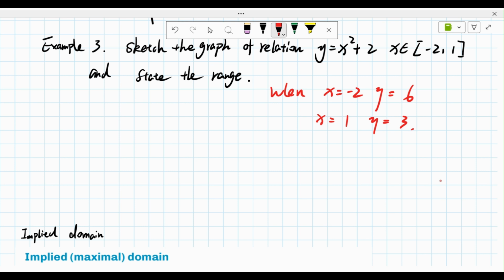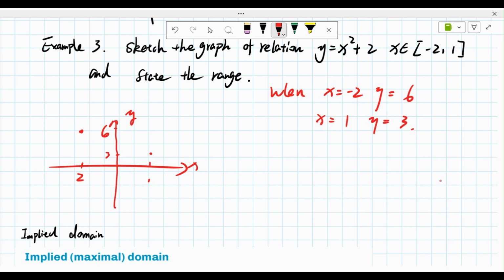You have to draw the graph. And tell me, looks like the turning point is between negative 2 to 1. So your negative 2 is equal to 6, y equal to 3 and x equal to 1, so which is here.